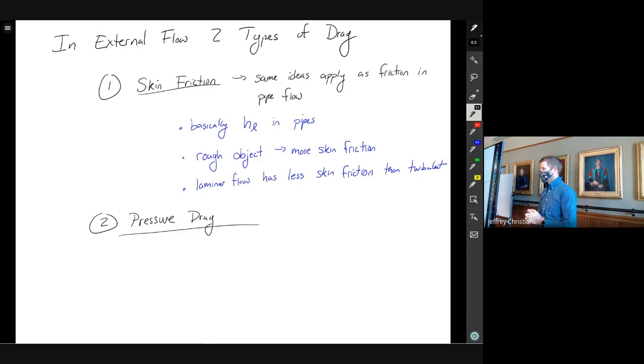It's easy, well behaved. Pressure drag is weird and is the cause of weird things in external flow. It's a cause of all of the systems that we looked at, like the video with 3 different systems that all behaved a little bit different than what we expected. All of those weird behaviors were in some measure because of pressure drag.